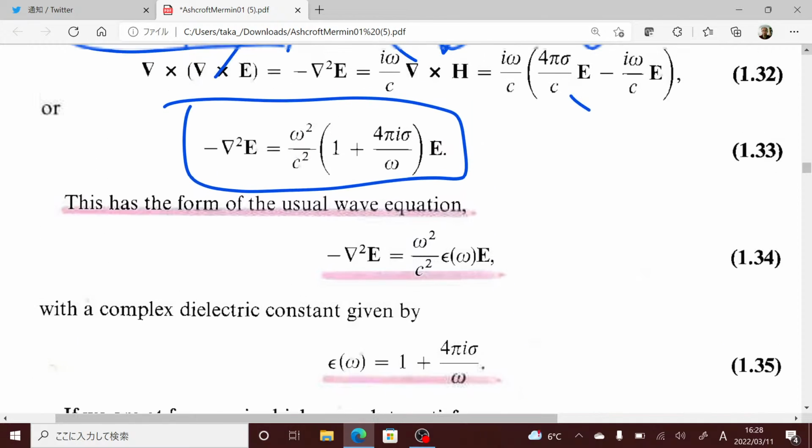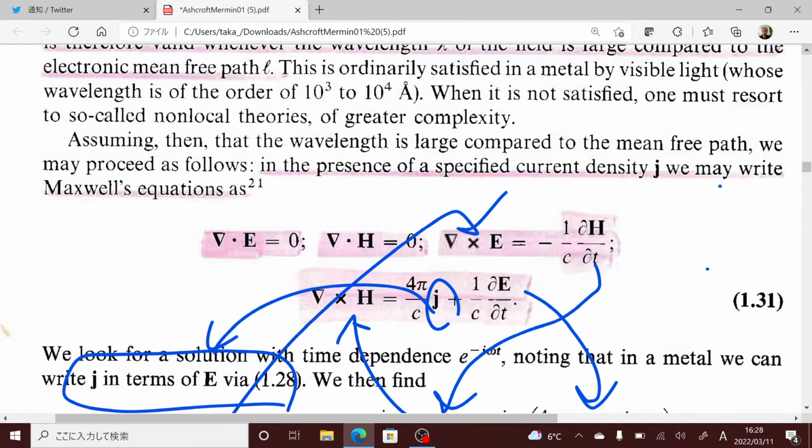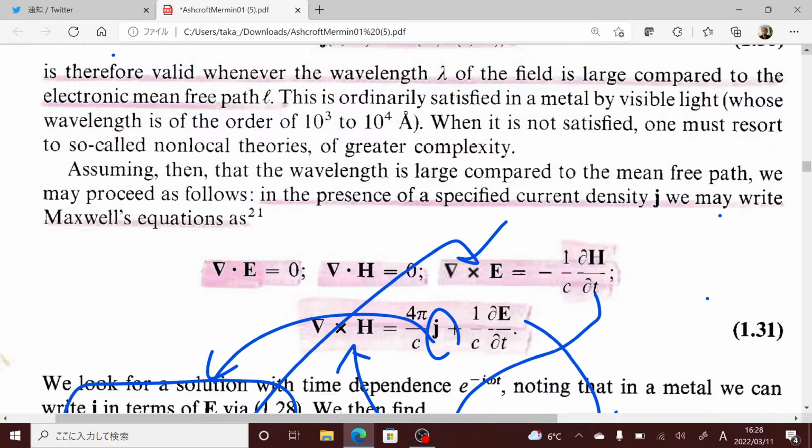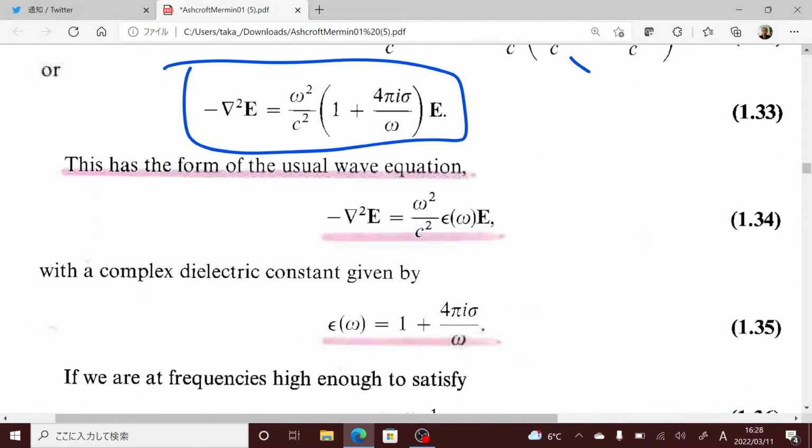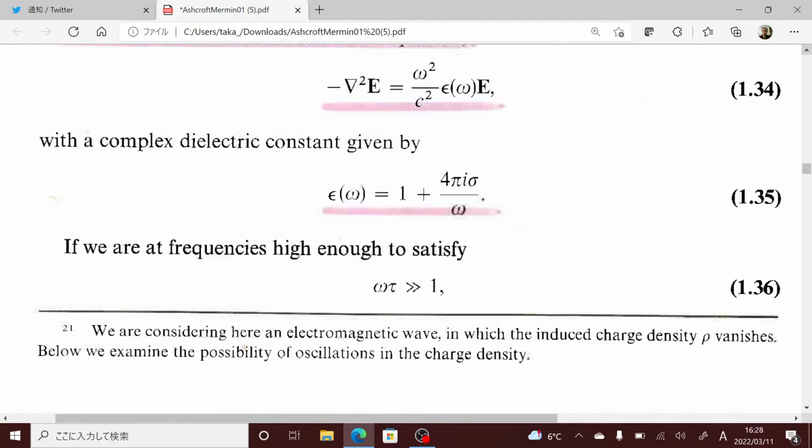Let me see, what's that? 21. In the presence of specified current density j, we may write Maxwell equations as, we are considering here an electromagnetic wave in which the induced charge density ρ vanishes.